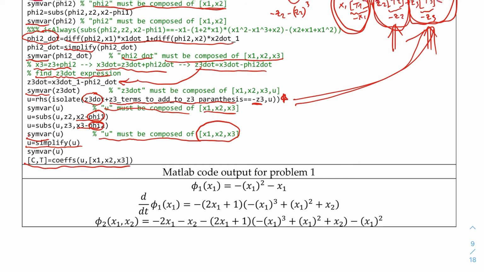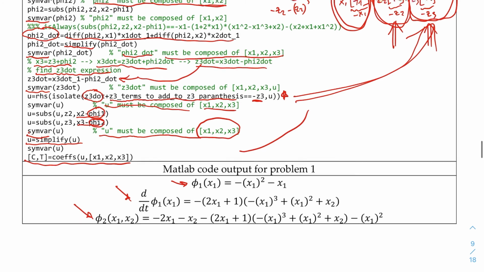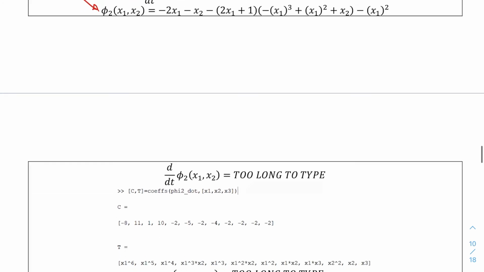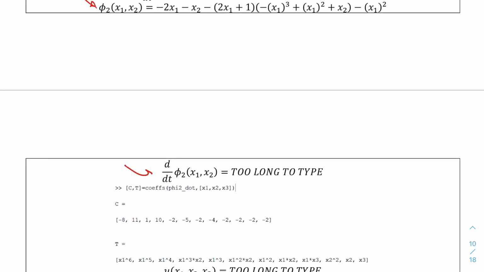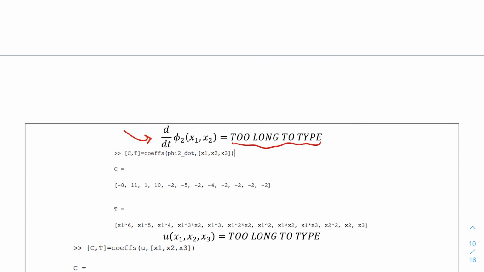All right, so this is the MATLAB code output for problem one. And what this MATLAB code will give us is phi1 and phi1 dot, and phi2 as a function of x1 and x2. You can just find phi2 dot, but I couldn't write that because it's really too long.